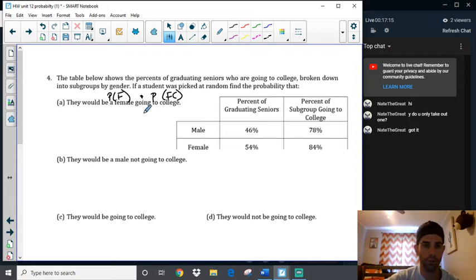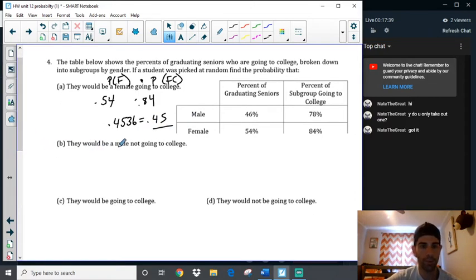And then you would multiply because you want both. Well, in the total group, there was a 0.54 of females, and then of that group, there was 0.84 that was going to college. Multiply those numbers, 0.4536, and most of the time, we write it as 2 decimal places.